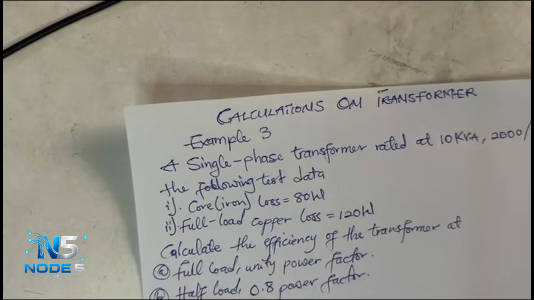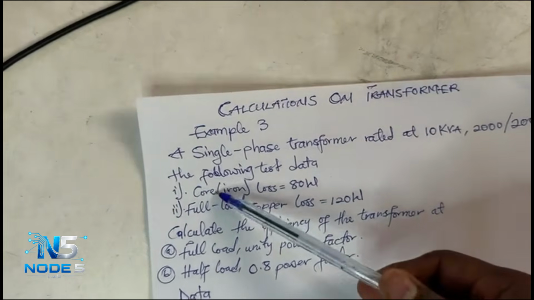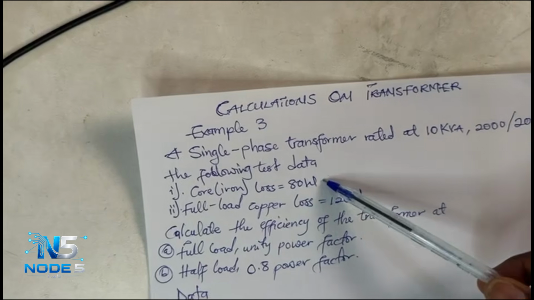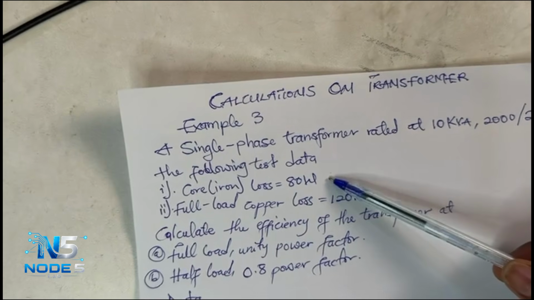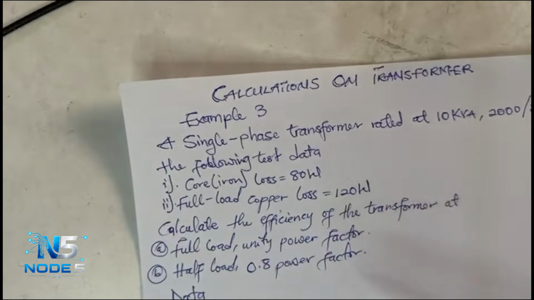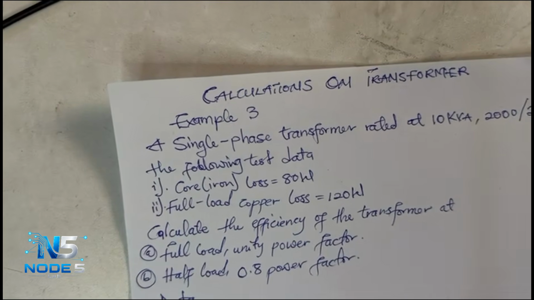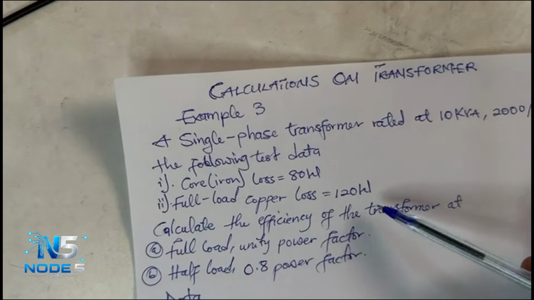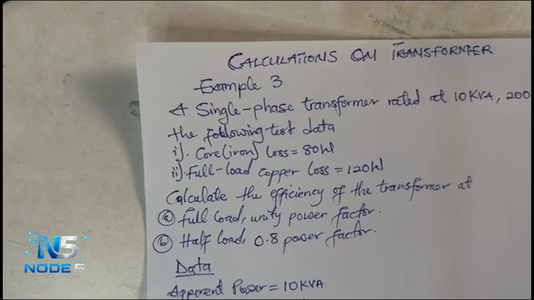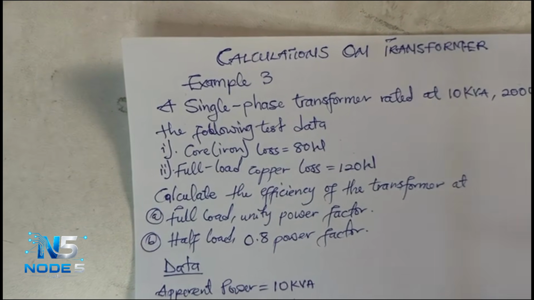The first one is the core or the iron losses, which is always constant. That's 80 watt. And on full load, the copper loss that we have is 120 watt. Good. So let's see what we are told to determine.